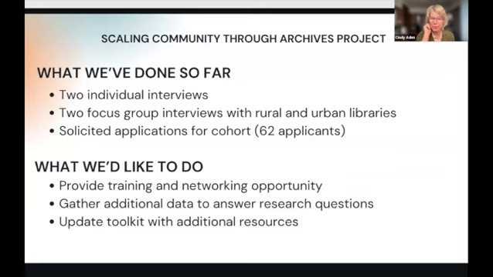The focus group interviews were interesting. We spoke to a rural group of 3 different libraries in North Carolina, Asheville, in Texas, rural New Mexico, and in Mississippi. And the urban libraries were from Washington, D.C., Chicago Public, Austin Public, and then Pikes Peak in Colorado.